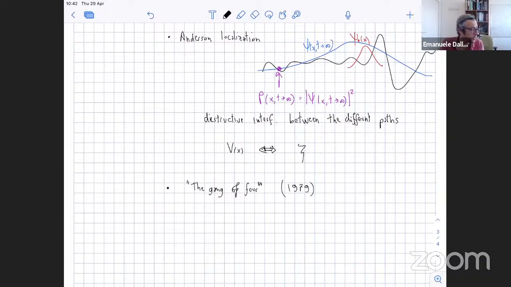What they did was try to study this localization effect using a scaling argument. And the scaling argument is actually relatively simple.